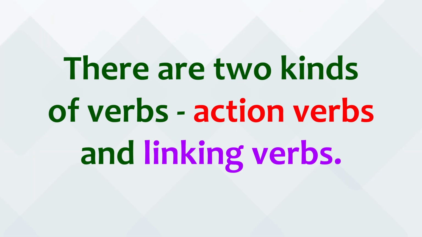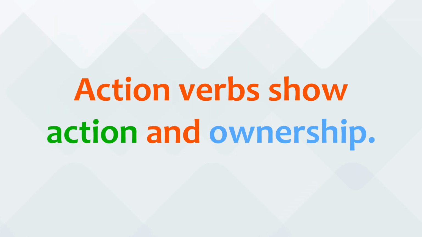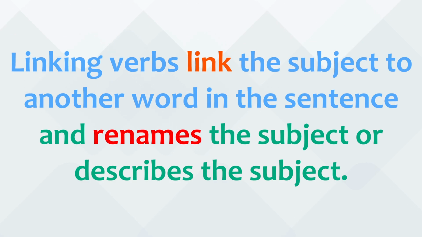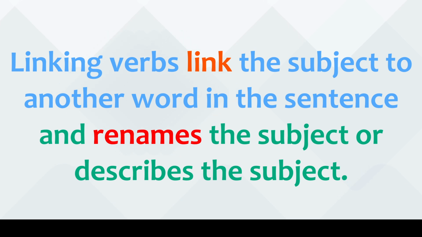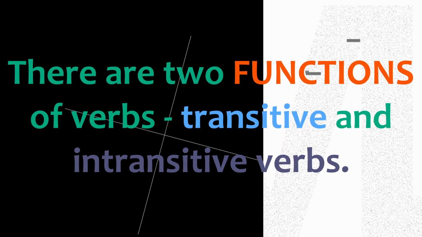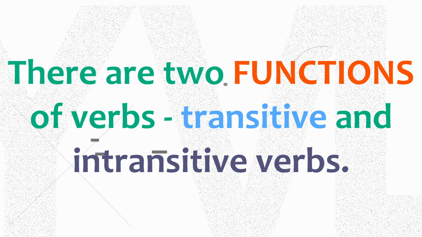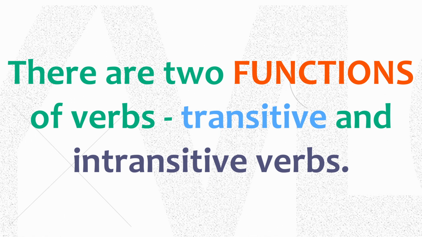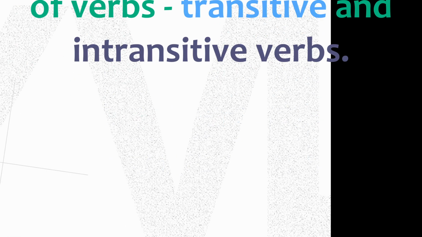Let's sum it up. There are two kinds of verbs. There are action verbs and there are linking verbs. Action verbs show action and ownership. Linking verbs link the subject to another word in the sentence and it renames the subject or describes the subject. There are two functions of verbs. There are transitive verbs and there are intransitive verbs.